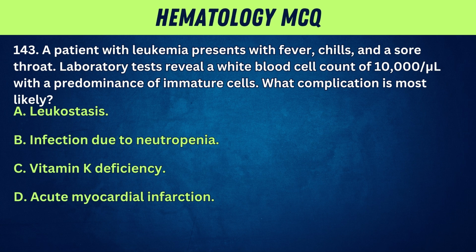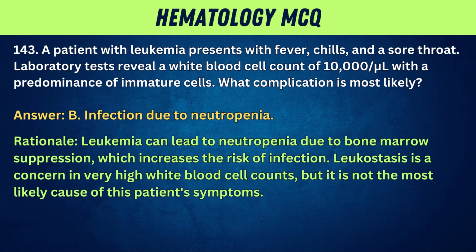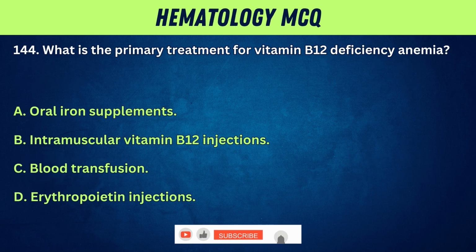D. Acute myocardial infarction. Answer: B. Infection due to neutropenia. Rationale: Leukemia can lead to neutropenia due to bone marrow suppression, which increases the risk of infection. Leukostasis is a concern in very high white blood cell counts, but it is not the most likely cause of this patient's symptoms.